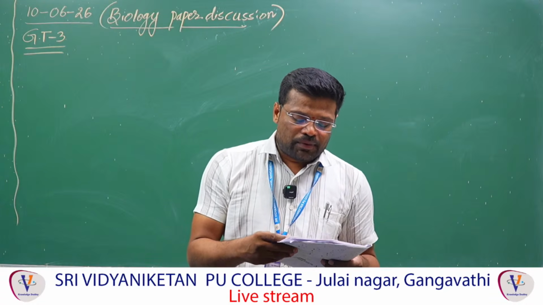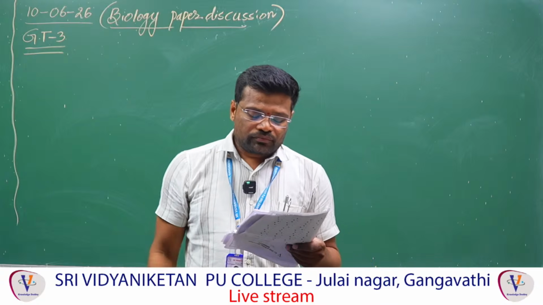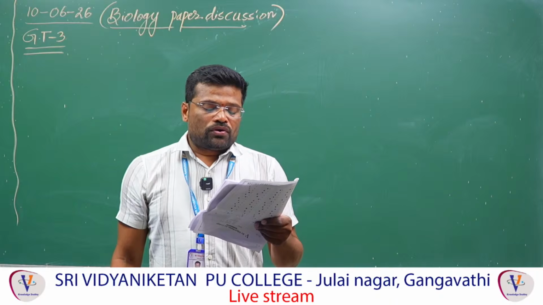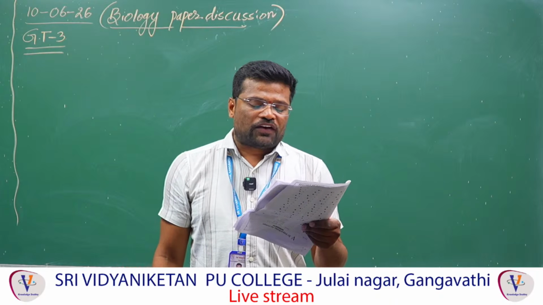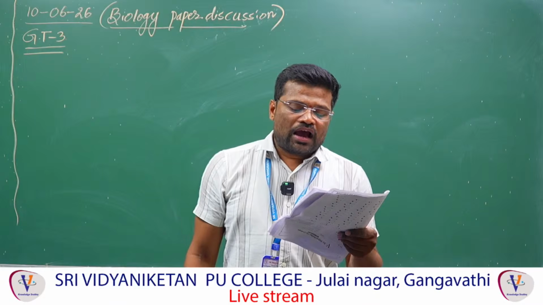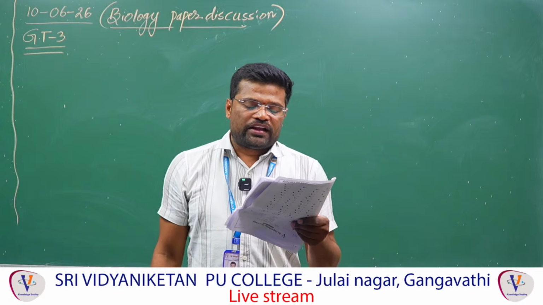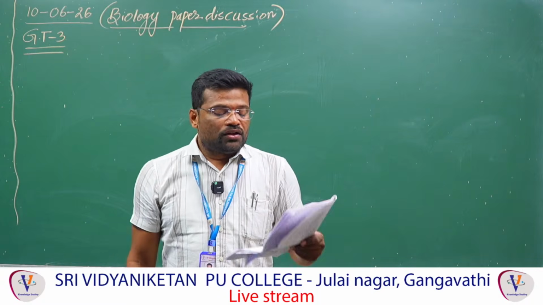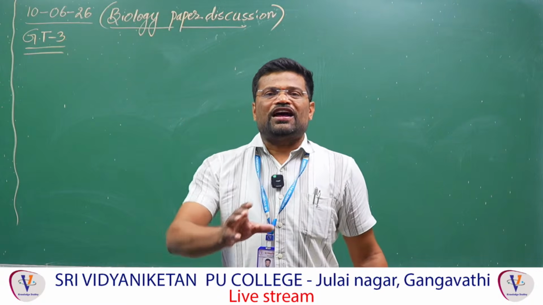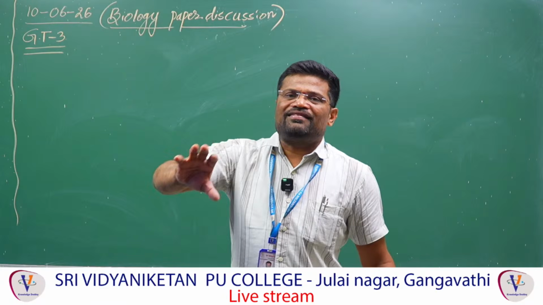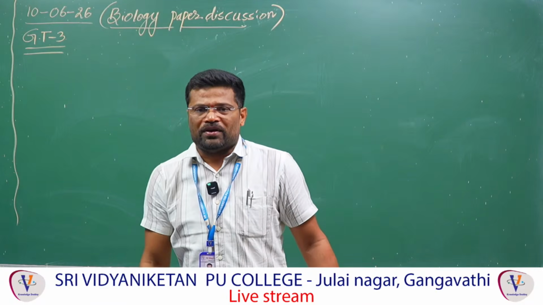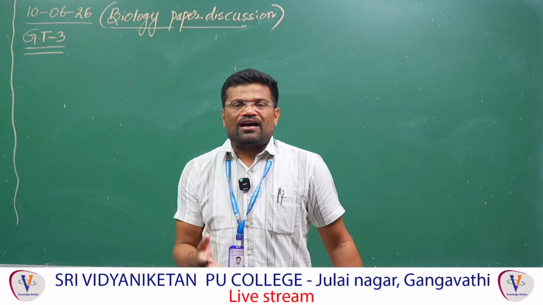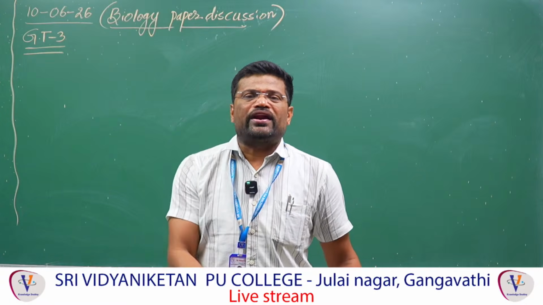Question number 111. Choose correct statements. First one, the effect of concentration of carbon dioxide and hydrogen ions on the affinity of hemoglobin with oxygen is called chloride shift. Wrong. Association of hemoglobin with oxygen is called oxygenation of hemoglobin, but not chloride shift.